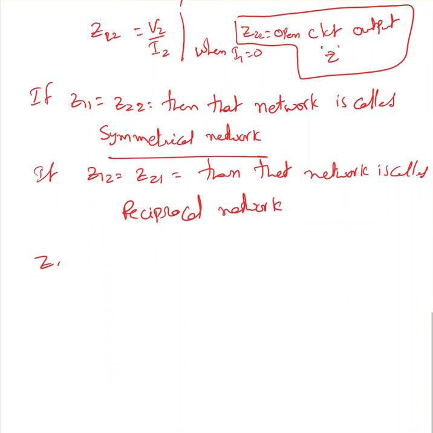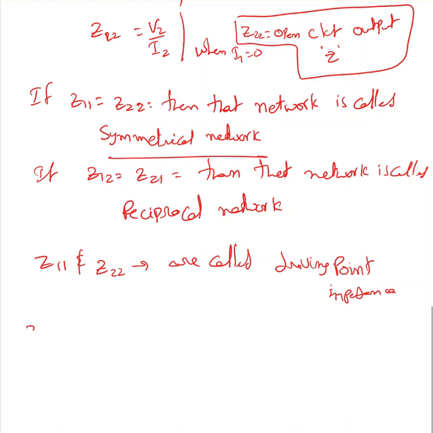Here Z11 and Z22 are called driving point impedances, and Z21 and Z12 are called transfer impedances.